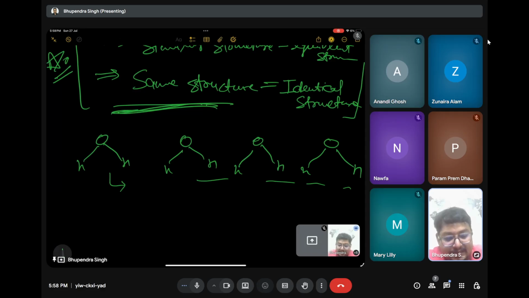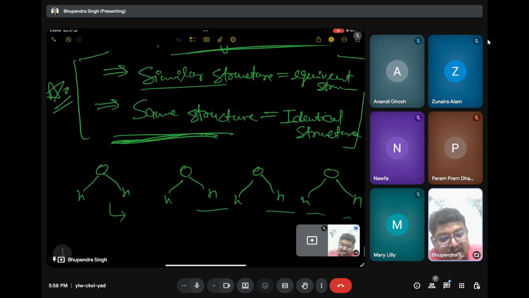that a similar structure is not an identical structure, it is an equivalent structure. Same structure means identical structure. That is why then you can reach the axis of symmetry. You will end up getting the correct axis of symmetry and also the plane of symmetry.